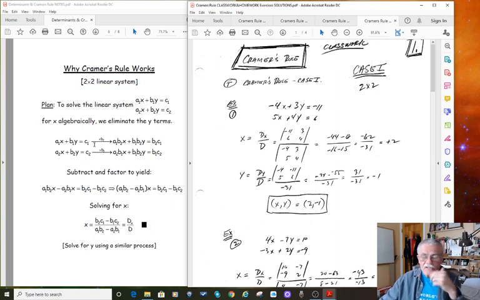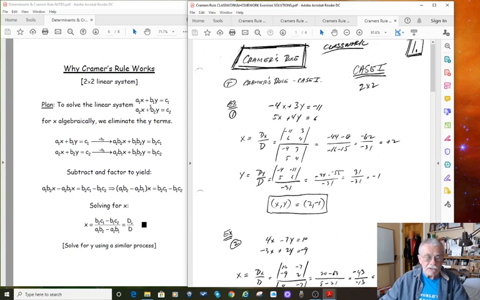Now this is not something you have to memorize. I'm just pointing out that this is not a method that somebody dreamed up and is a mystery. It actually comes from solving the general case. So let's solve this 2 by 2 linear system.